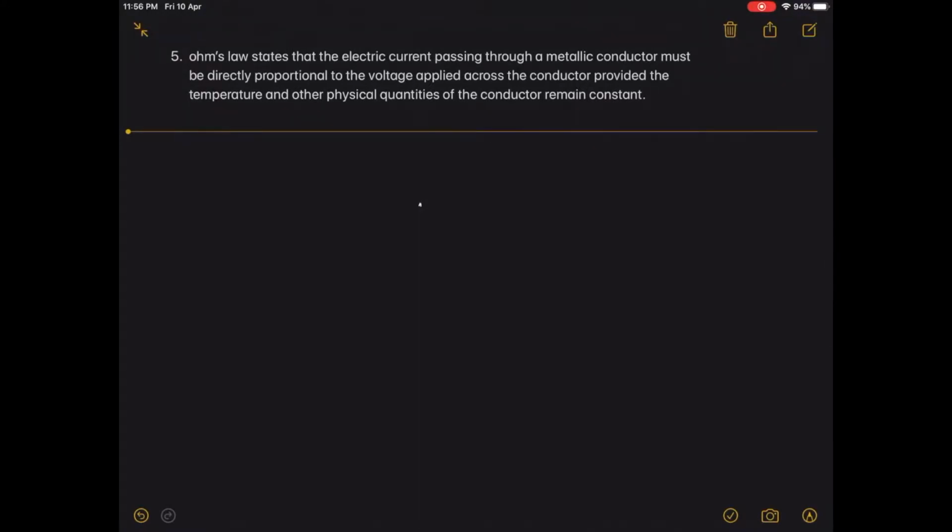So, what is the meaning of electric current? The symbol is I. It's defined as the rate of flow of electric charge.